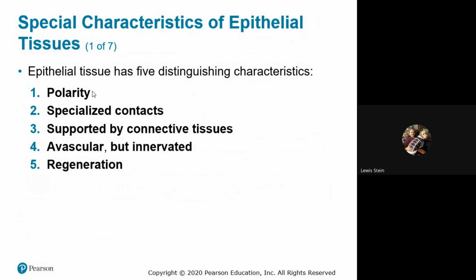Okay? That's polarity. So you have a basal aspect, and on the exterior, you have an apical. Basal and apical, with the base and toward the apex. So effectively, we have some amount of directionality that's there.